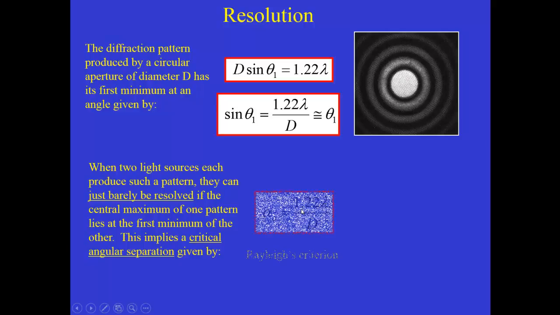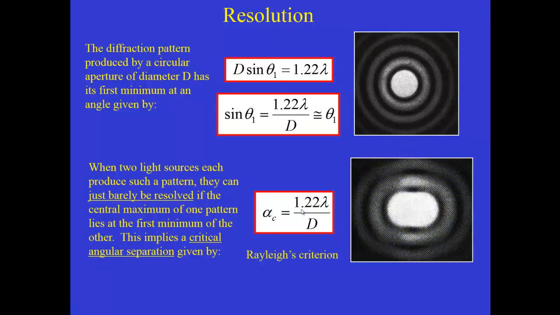This is the picture that I showed you a few minutes ago, where the dark ring around the source on the left is at the location of the peak of the source on the right, or approximately so. When that happens, the angular separation is 1.22λ/d, and we say this defines the critical angle of resolution. This equation is known as Rayleigh's criterion.